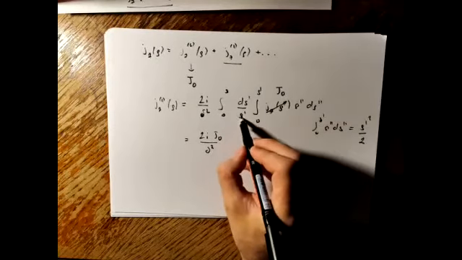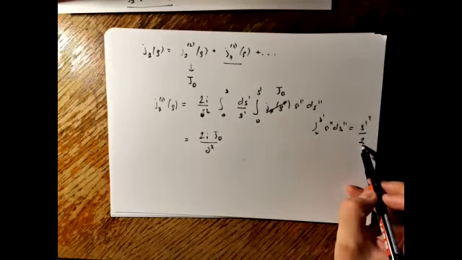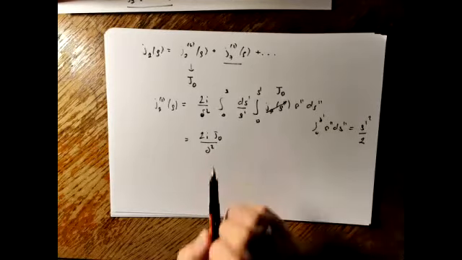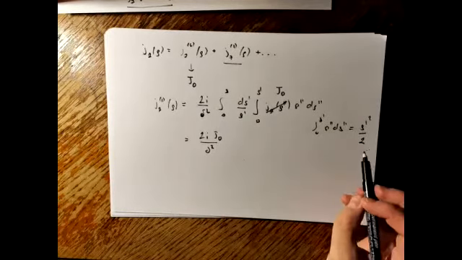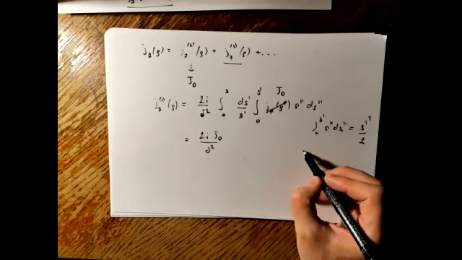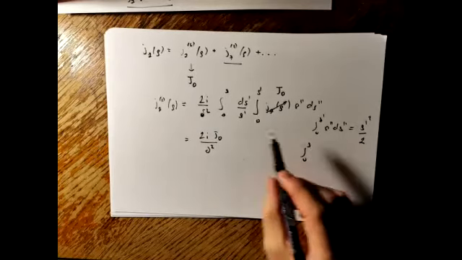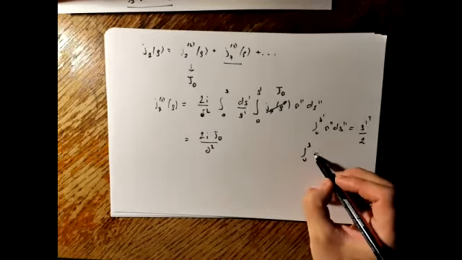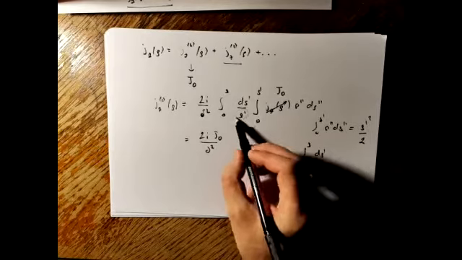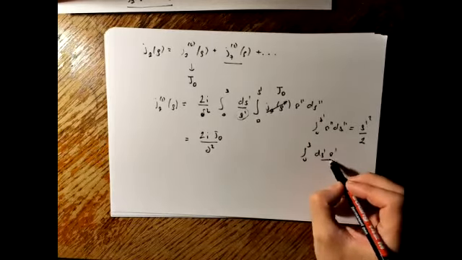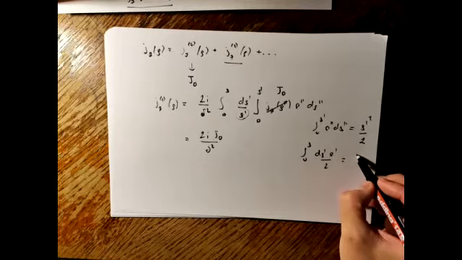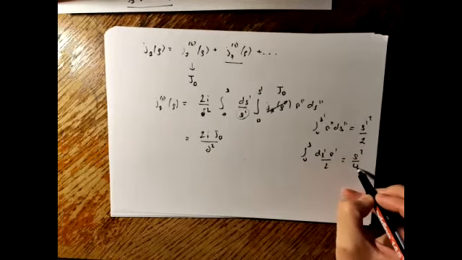Then we divide by rho prime, so this is rho prime over 2, and integrate again. That second integral is from 0 to rho, and it's easy to see that it's actually rho squared over 4.